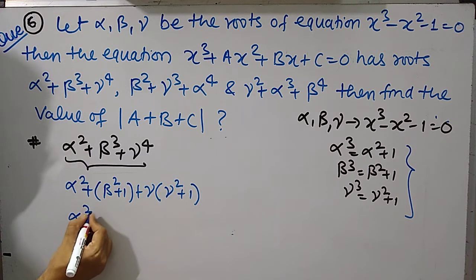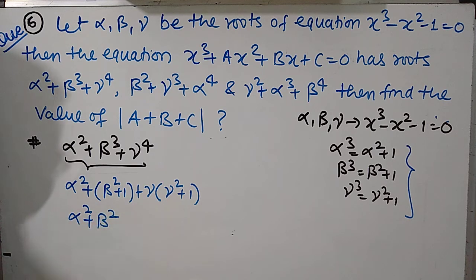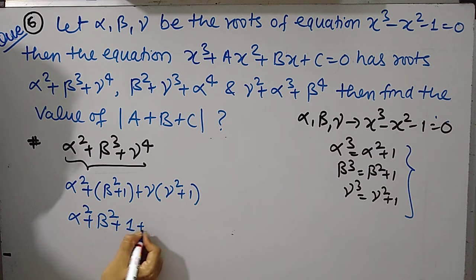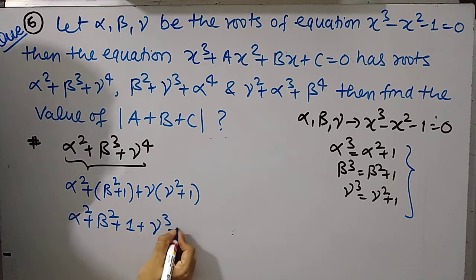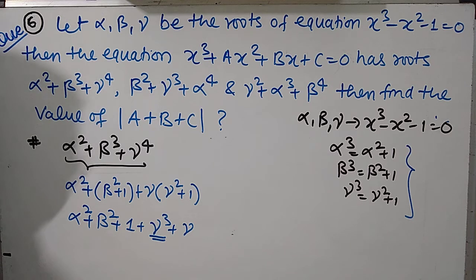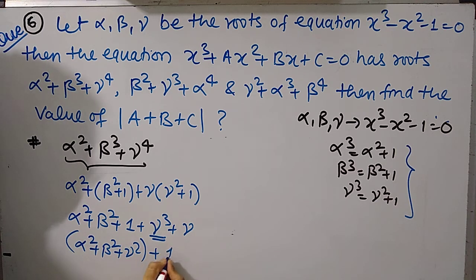So now we get alpha square plus beta square plus 1 plus gamma cube plus gamma, and this gamma cube is replaced by gamma square plus 1. So we get alpha square plus beta square plus gamma square plus 1 plus gamma.